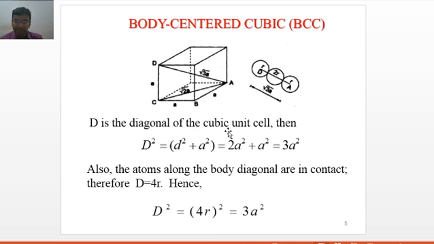D is the diagonal of the unit cell. So capital D squared is equivalent to small d squared plus a squared, that is 2a squared plus a squared, because this small d squared is obtained by squaring and adding these two sides, a squared plus a squared. So you will get D squared, which is 4r the whole squared, equivalent to 3a squared.